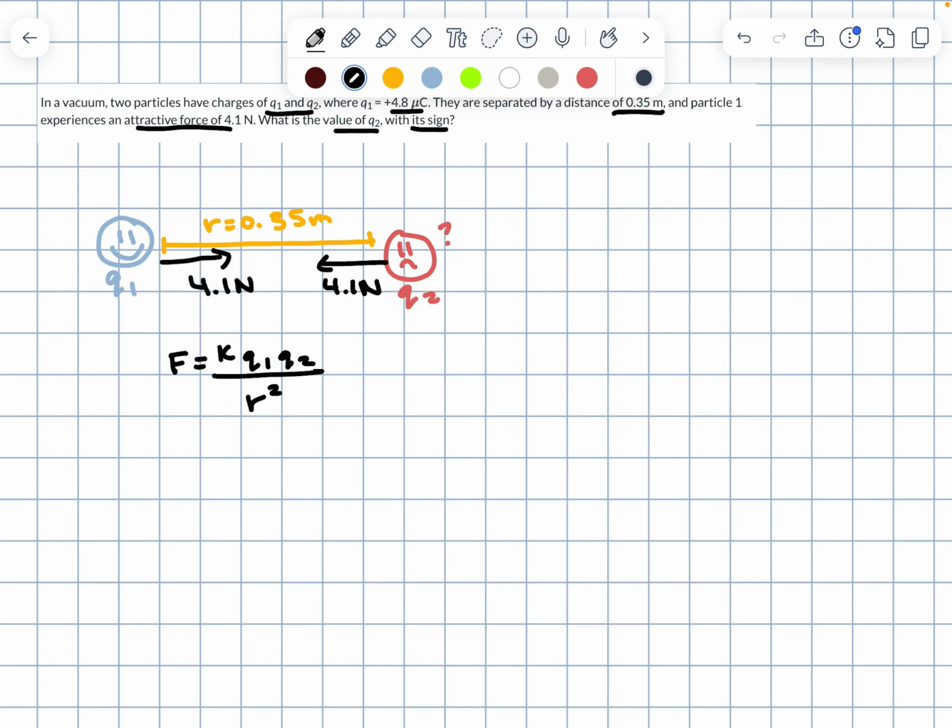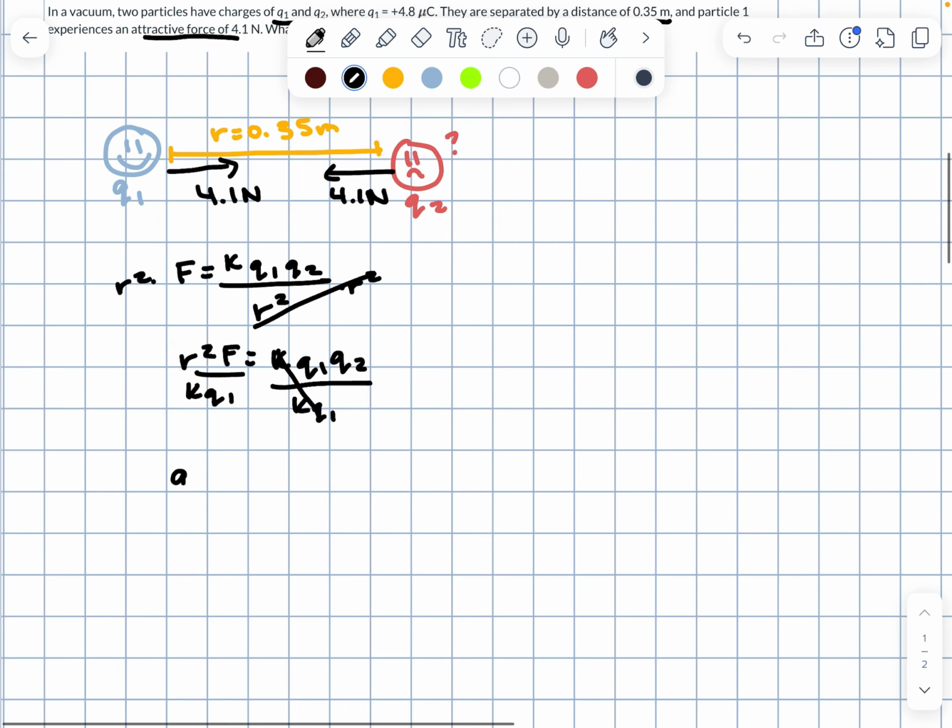And since we're moving everything around, we want to multiply both sides by r squared. Now that cancels out. And then we're going to divide by k times Q1. Now that cancels out. So ultimately we're left with Q2 equals r squared times the force over constant times the charge of Q1.